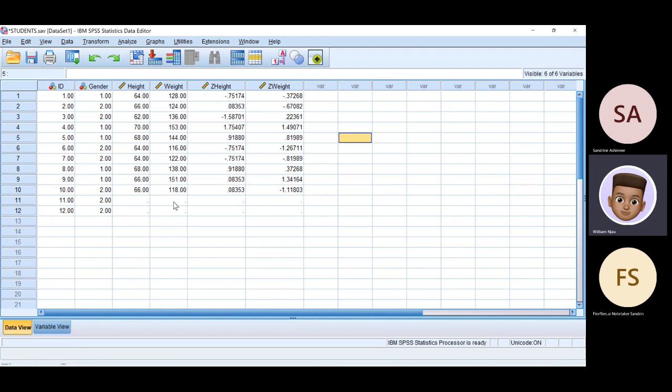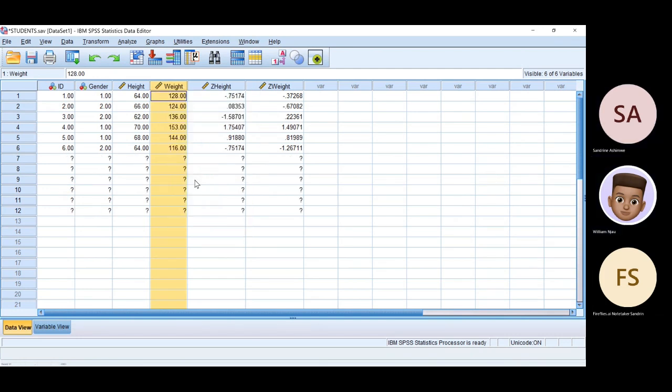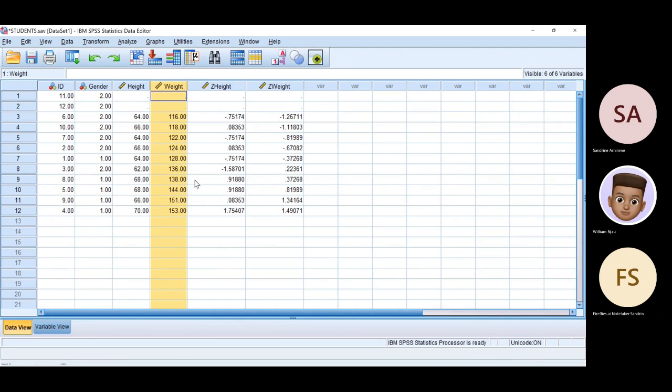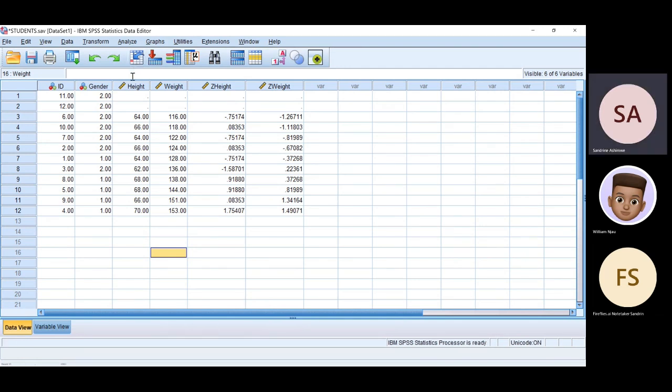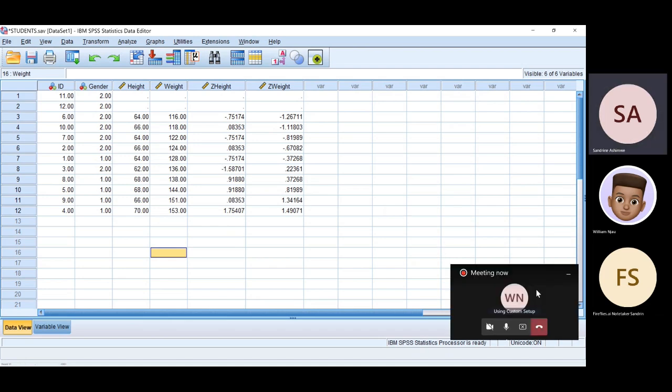Remember also, from the very first lesson, I think I showed you that you can sort based on ascending or descending rather than checking manually. Still more or less accurate.